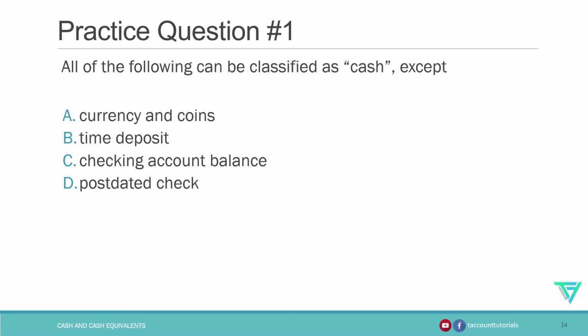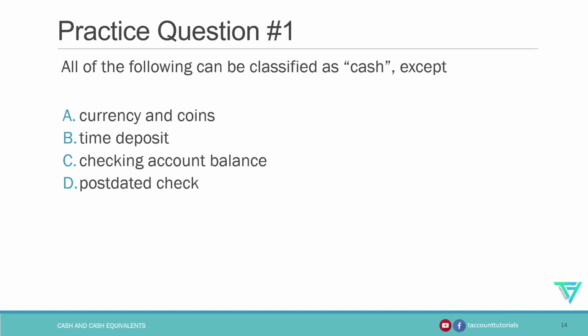There may be at least two correct answers, so choose the best answer among them. If your answer here is letter D, maybe you did not read carefully the question.